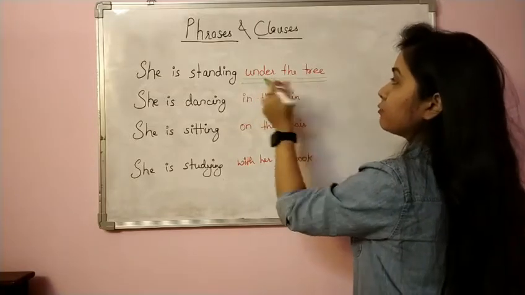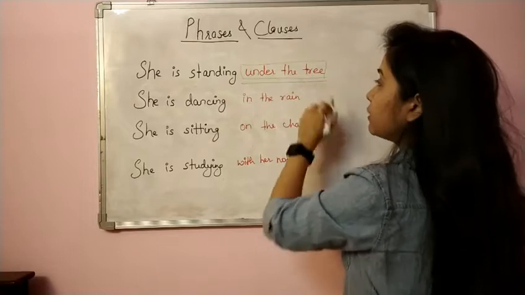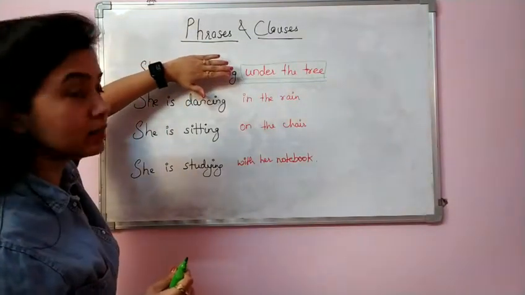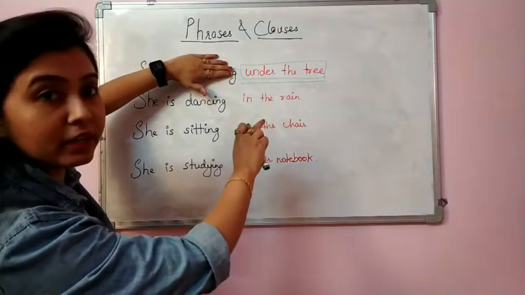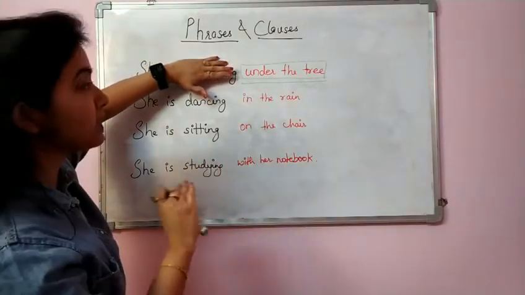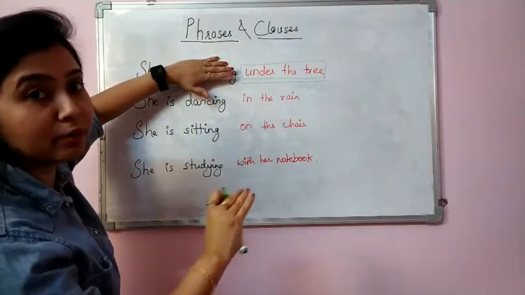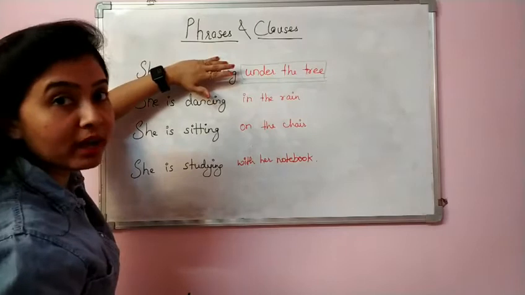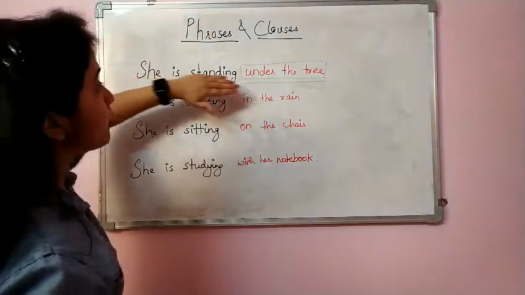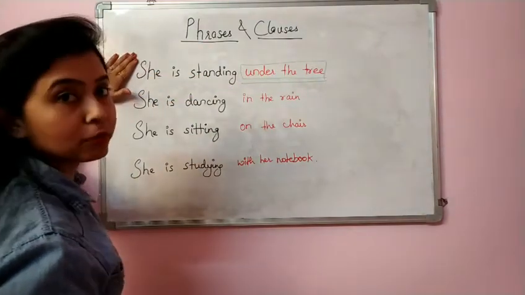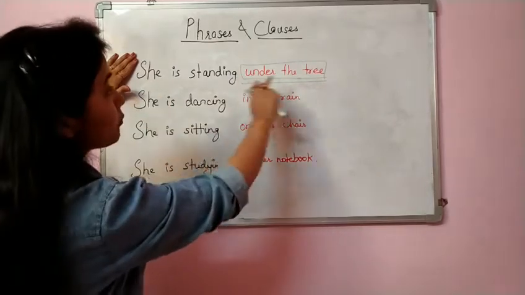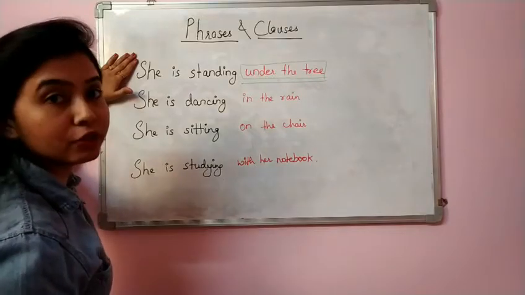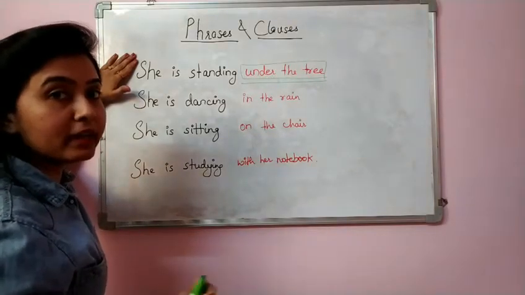If we read only under the tree without reading this portion, it has some meaning, पेड़ के नीचे, but it doesn't explain the entire meaning of the sentence, and that's why this portion will be known as a phrase. And when we read the complete sentence, with the other words also, then we get the meaning of the entire sentence, which says she is standing under the tree. वो खड़ी है पेड़ के नीचे.